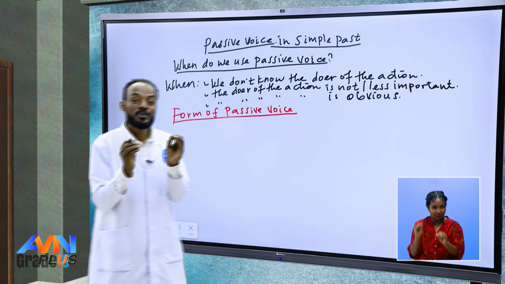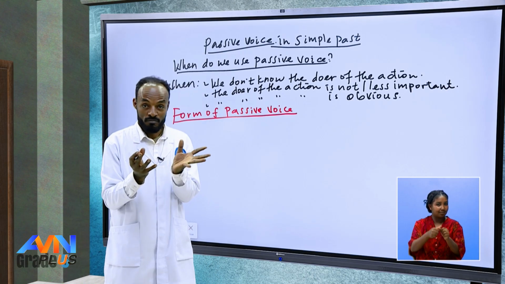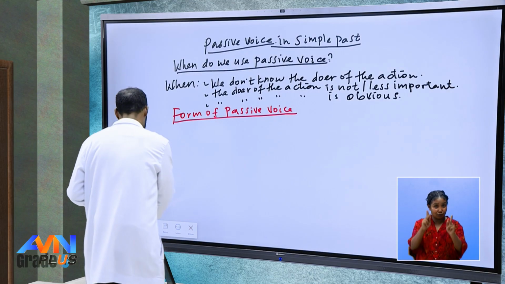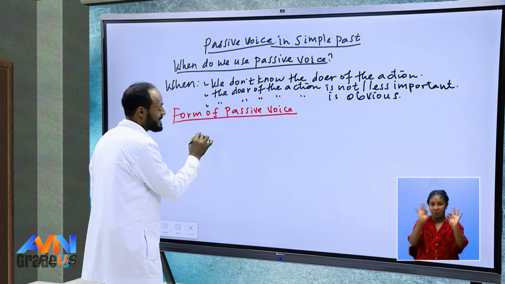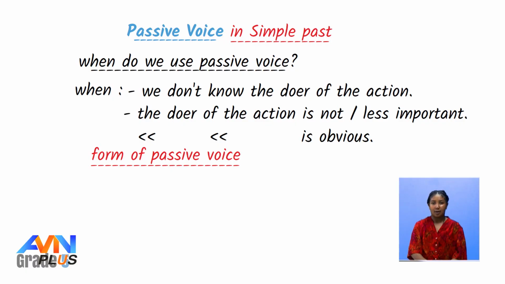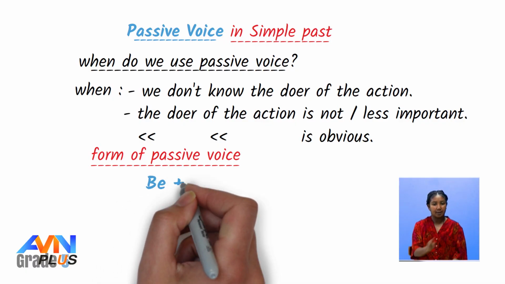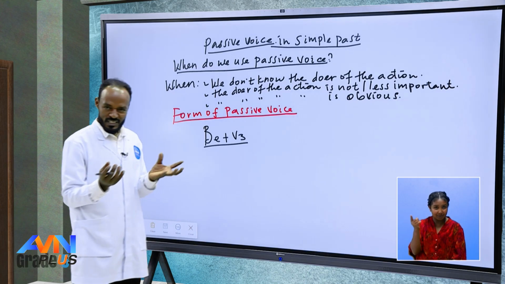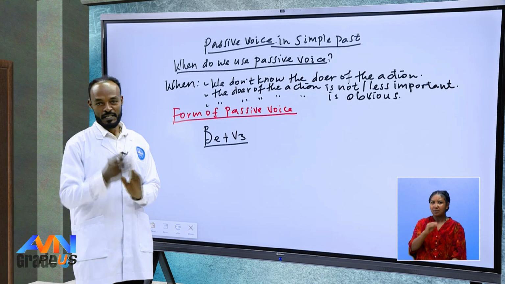Students, please bear in your mind the form, unless it's very difficult to do it. Look, when we say the form, we mean that be plus verb 3. Do you know this concept? Be plus verb 3.